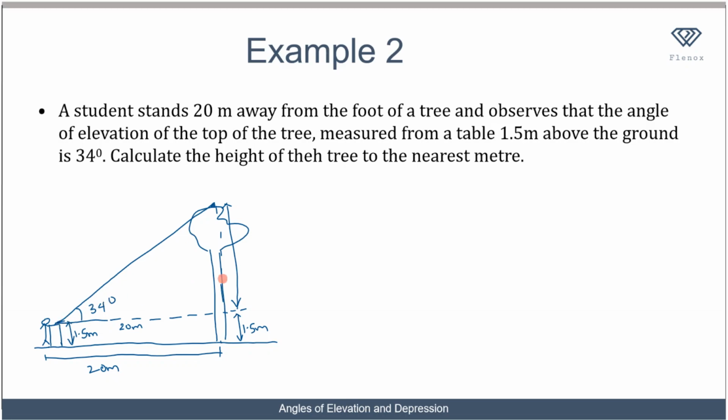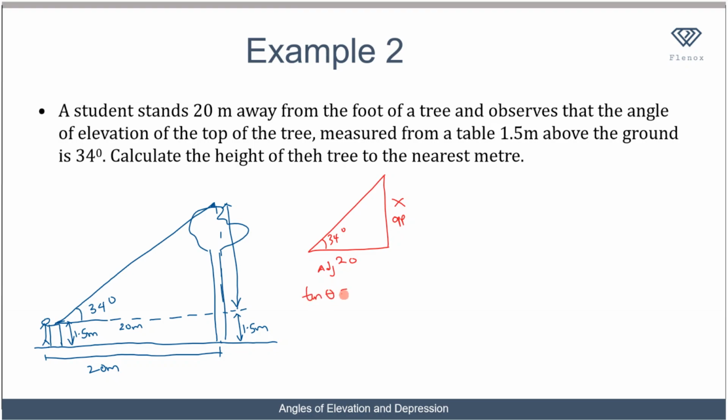So I can bring out this right angle triangle, and what does that become? So I have a right angle triangle in which the angle here is 34 degrees, the base here is 20, and I'm looking for the height. So I'll call that x. So I know that this is my opposite and this is my adjacent. So to get the height, I know that tan connects the opposite and the adjacent side.